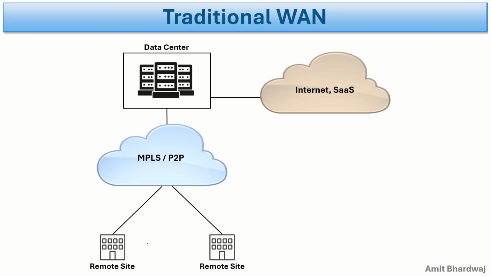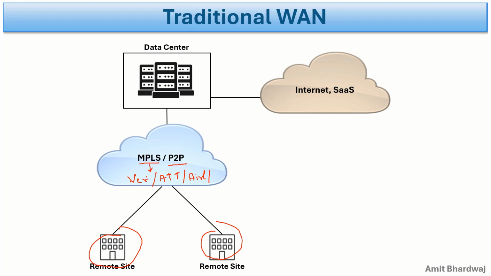So here we start. This is the traditional WAN setup where the remote sites used to connect to the MPLS provider. An important factor here is that they used to have either MPLS or point-to-point links, and for the MPLS, they used to have only one service provider, let us say Verizon or AT&T or Airtel or Reliance.